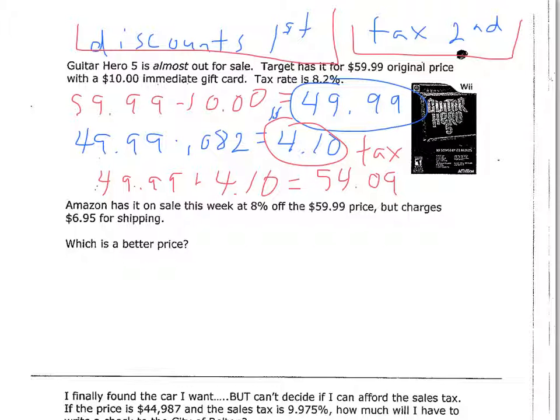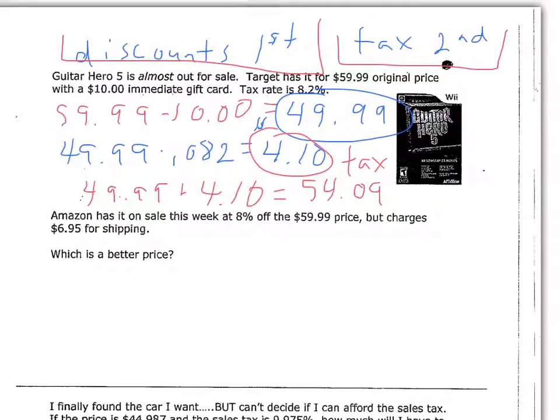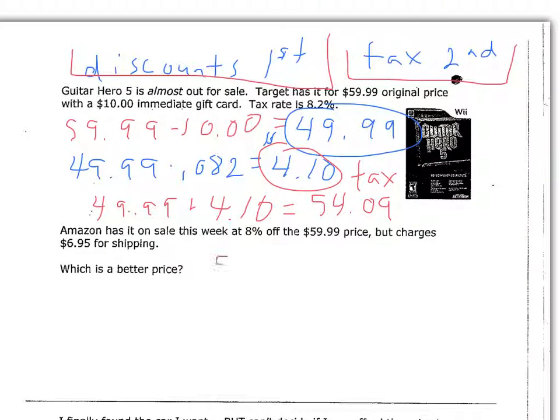Okay, so we know we have our 8% discount. So we're going to take our $59.99 and go ahead and figure out our discount. Remember, we take our price times our percent. And if you do that on your calculator, $59.99 times 0.08, that gives you $4.80.